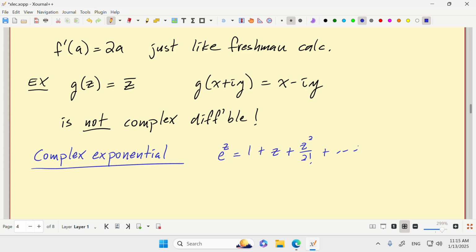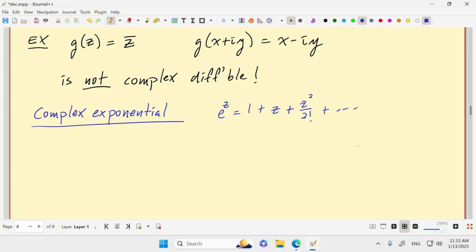Euler wrote that down and played around with it and realized that the thing you learned for power series back someplace probably is that he did the algebra, and realized this rule holds for the complex exponential: e to the x plus iy is e to the x times e to the iy.